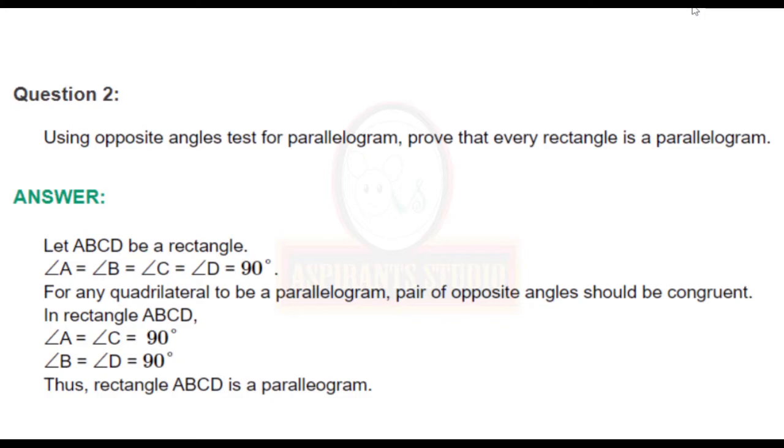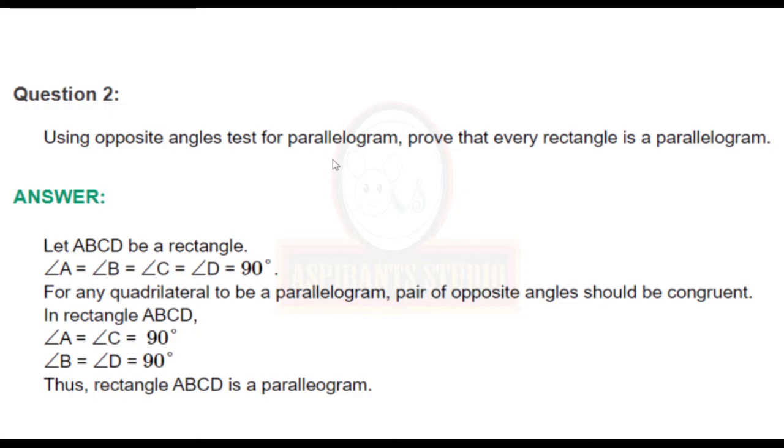Opposite angles test means a quadrilateral is a parallelogram if its pairs of opposite angles are congruent. So using this test you have to prove that every rectangle is a parallelogram. Directly you should not write the answer, you have to write what is given, what is to be proved and then the proof. In that format only it has to be written compulsorily.